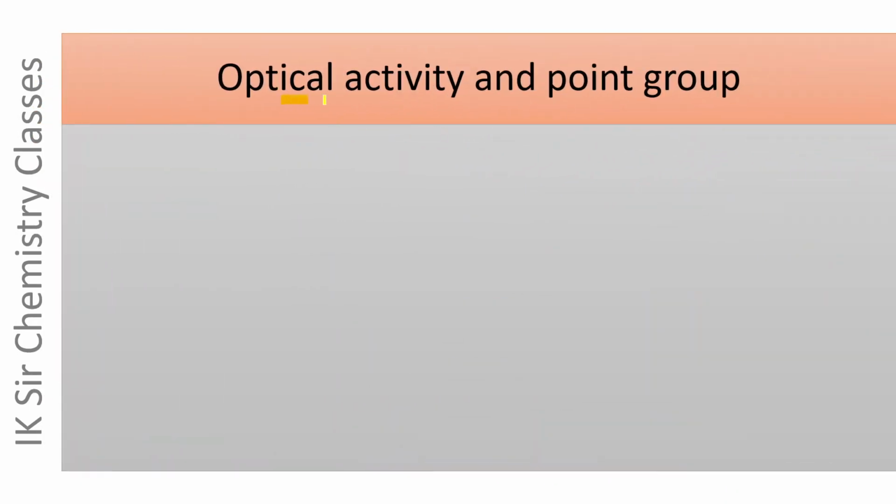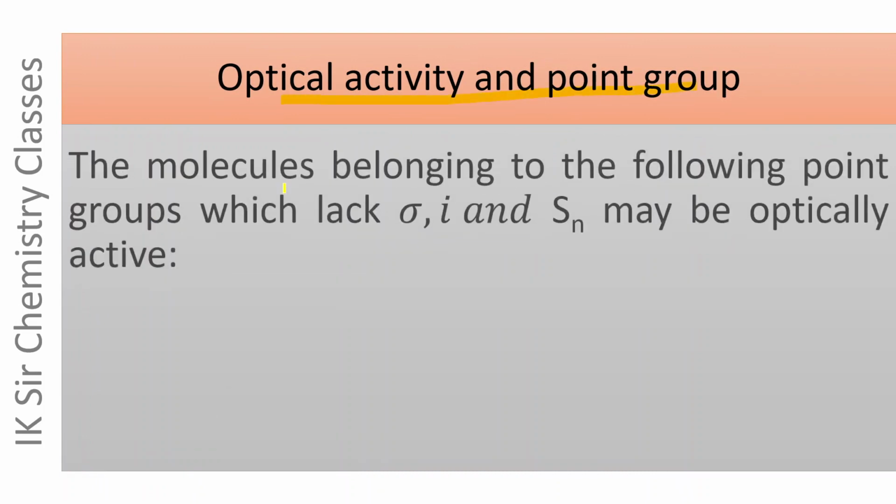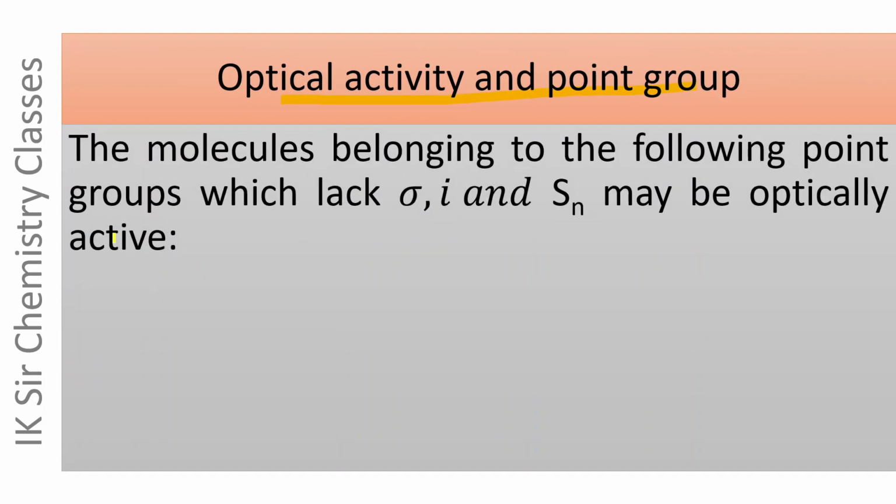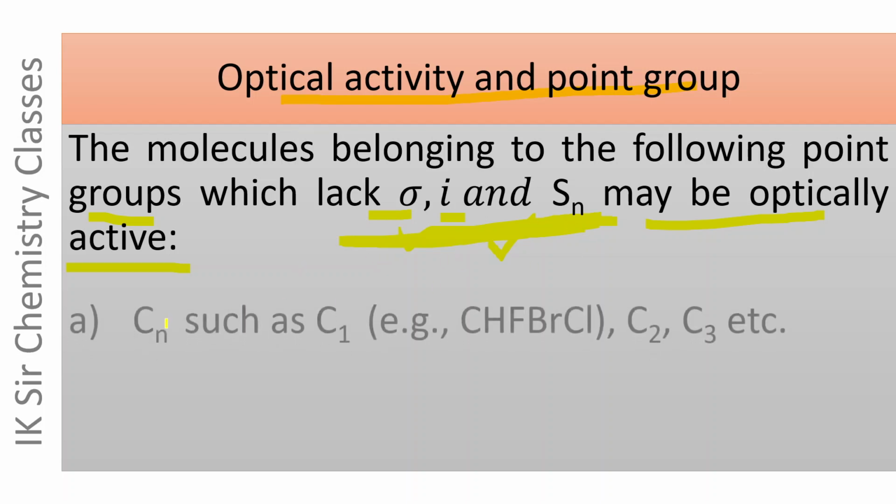Optical activity and point group. The molecule belonging to the following point groups, which lack plane of symmetry, center of symmetry, and axis of improper rotation, may be optically active. The molecules belonging to the following point groups which lack these elements of symmetry may not essentially be optically active.